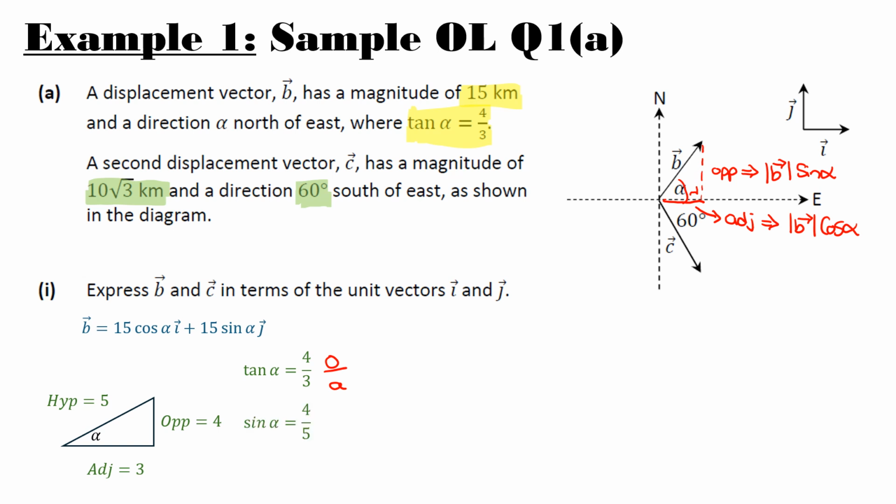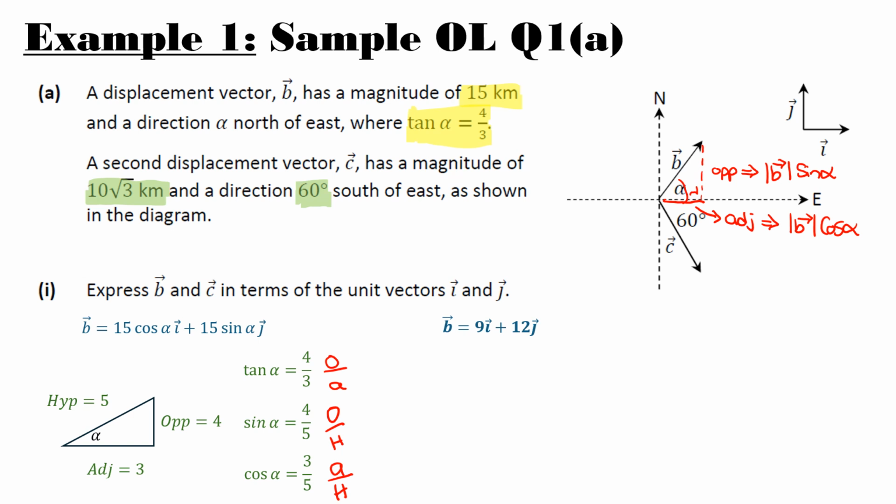That means we can now work out our sine, which is opposite over hypotenuse, and cos, which is adjacent over hypotenuse. So then when we come along here, we're able to plug in that information for our sine alpha and for our cos alpha, and we're able to work out our value for our vector b.